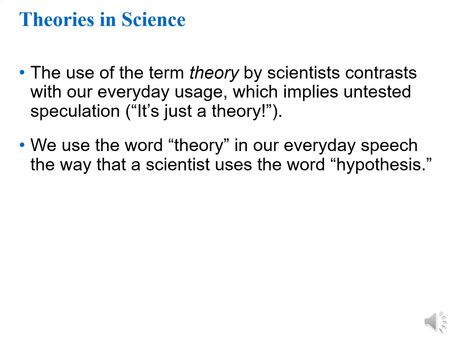As I said, a theory is something pretty big, and we don't have a whole lot of theories out there in science because, as you can see, it's hard to come up with theories. It would have to be tested a whole lot, and all of your data has to support it, and you cannot have any contradicting data.